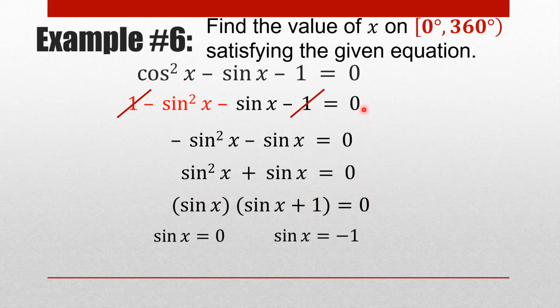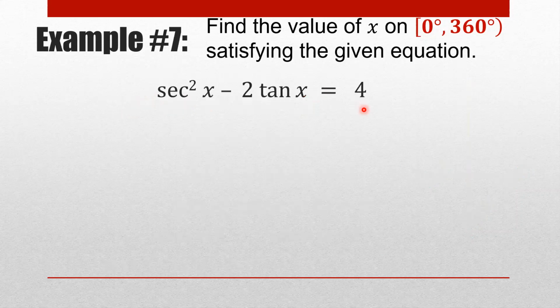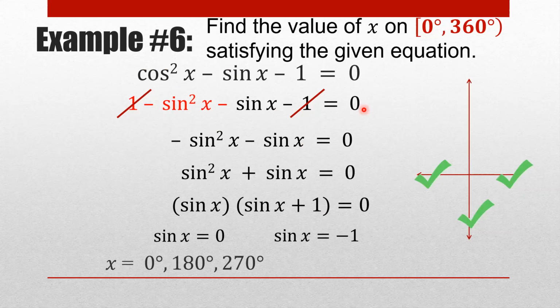If sine x equals 0, where is x? It is at 0 and 180 degrees. Then when it is negative 1, you are at 270 degrees. So you have 0, 180, and 270 degrees for your answer. Those are our three values of x on this interval satisfying the given equation.